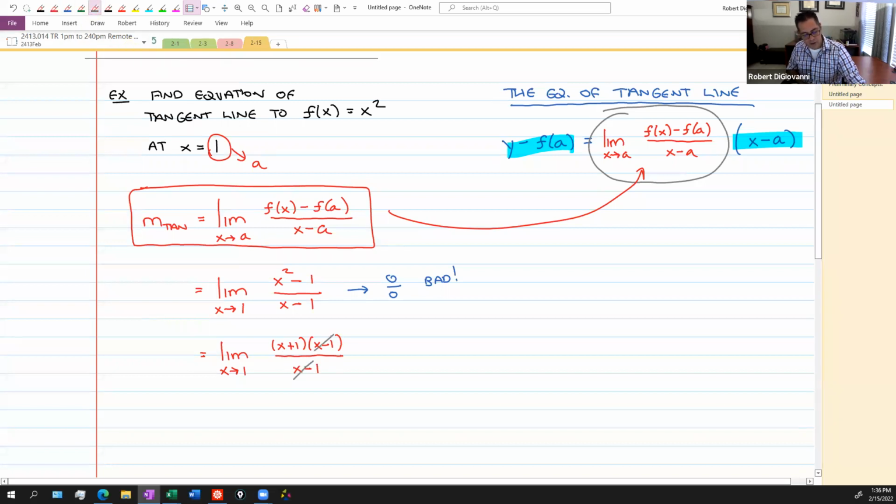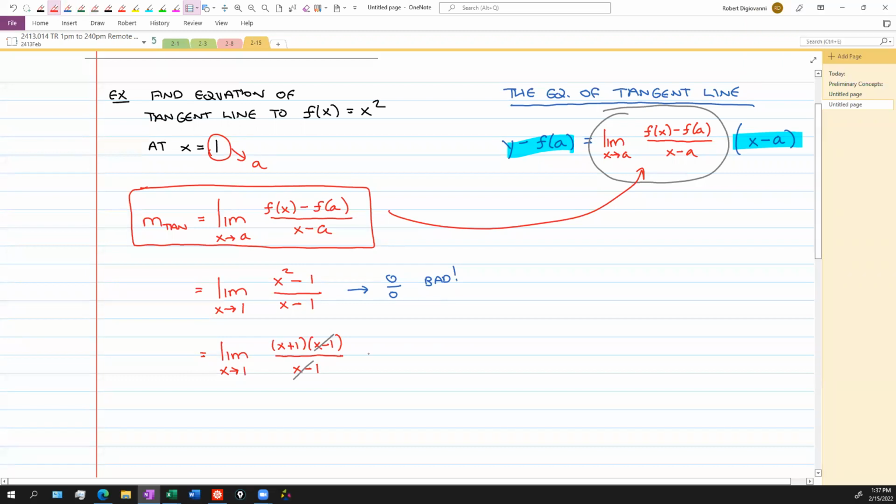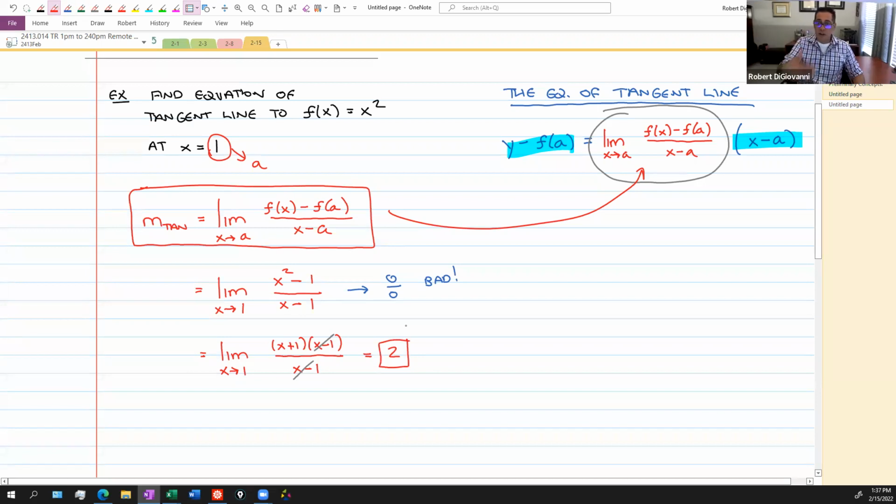Cancel the factors. Now let x go to 1. What do you get? 2, right? That's exactly what we just saw happen visually. It was headed towards 2. Algebraically, with the calculus and the limit, we are showing that the secant line is getting closer and closer to 2.